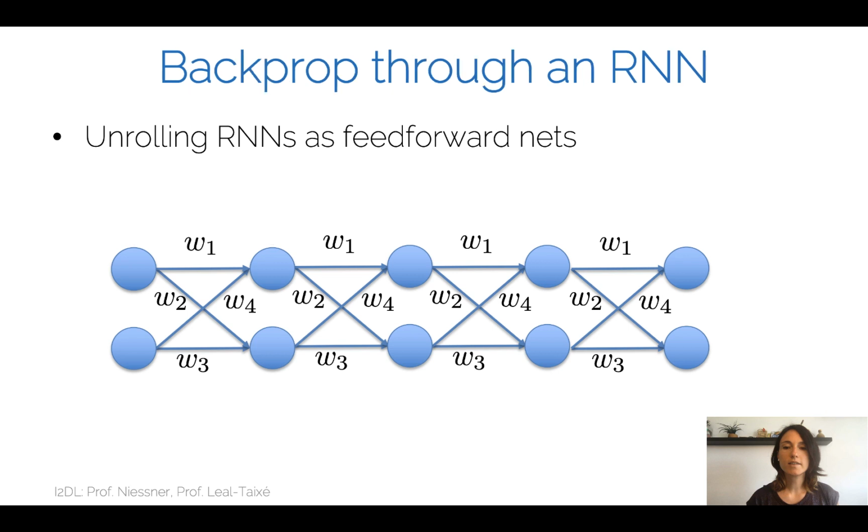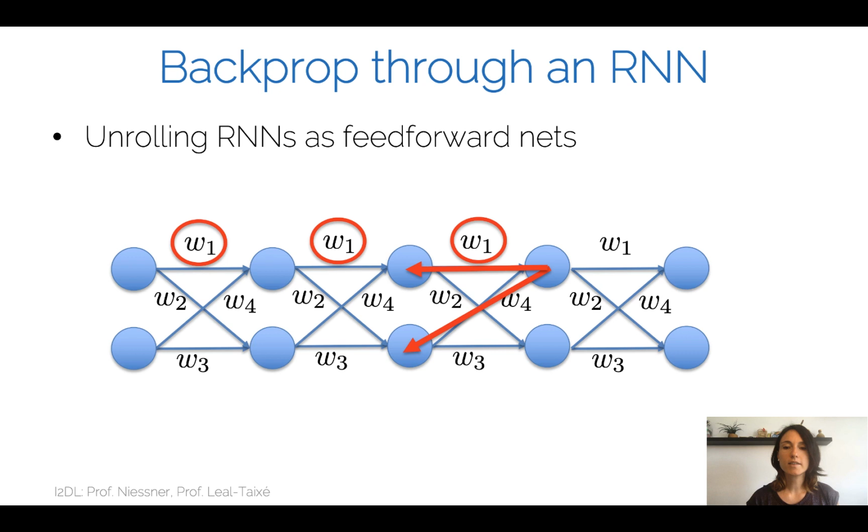Now, this view is especially helpful when we want to understand backpropagation through a recurrent neural network. Because now, if we start from one node and we want to backpropagate, with feed-forward networks, what we would do is we would compute the derivative and we would use the chain rule. But now, what is the derivative with respect to W1?